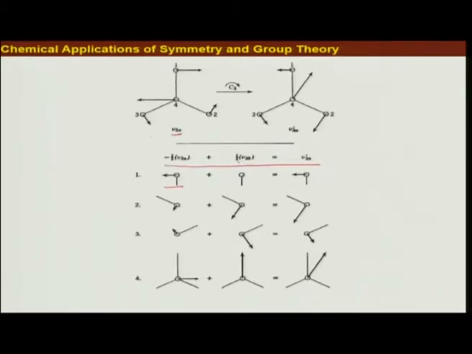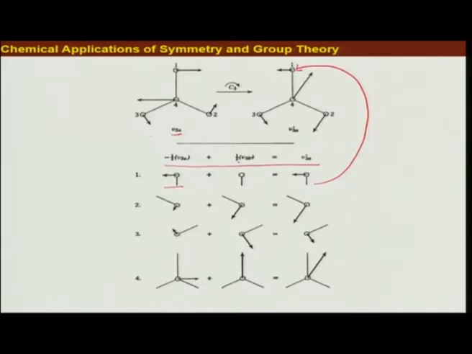You will see that this length has been reduced to half of its original length, and here the length has been reduced to half of its original length, as well as the direction has been reversed because of the minus sign. And now if you add these two, you get this one, which, if you compare here, you see is this one. So you could express this new structure as a combination of this nu 3A and nu 3B.